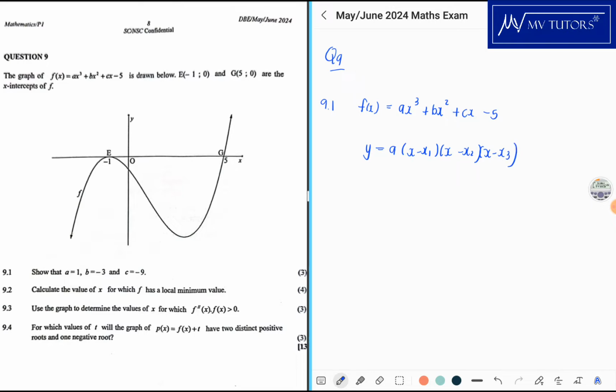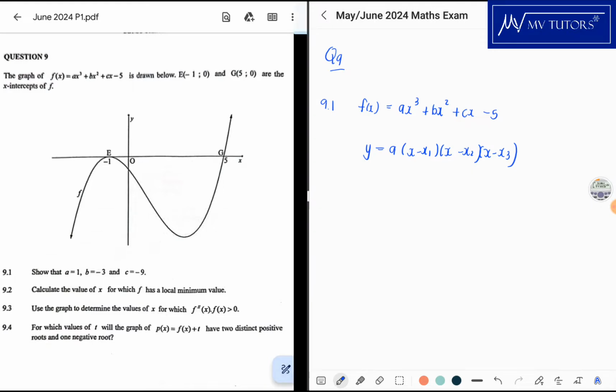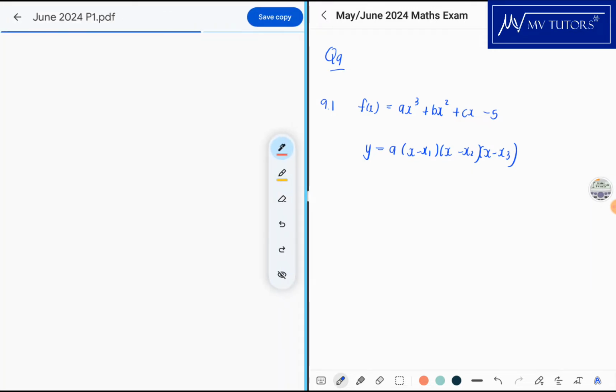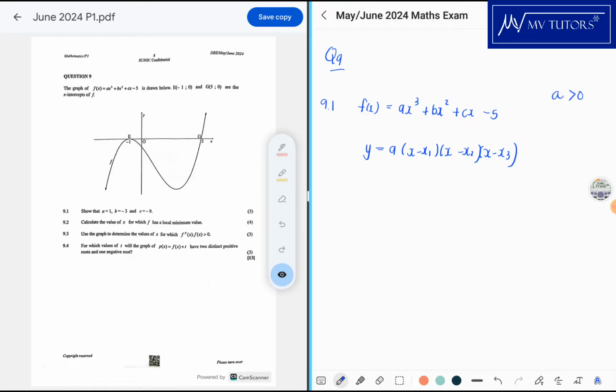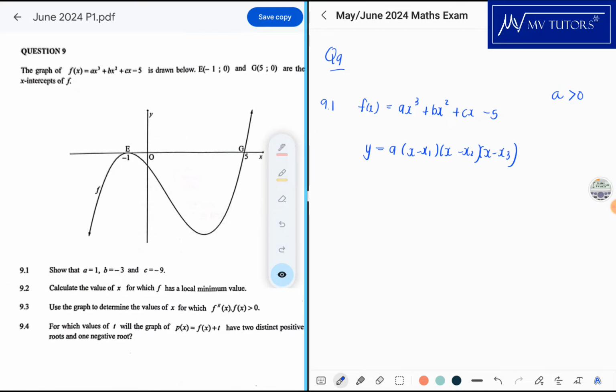And here at this graph, you can see that it ends up being a happy face cubic function. And because it's happy at the end, I'm expecting that a is going to be bigger than 0. For those of you who are like, what? Basically what I'm saying is, at the end, it's happy. If it's happy at the end, then we know that a is bigger than 0. Okay.